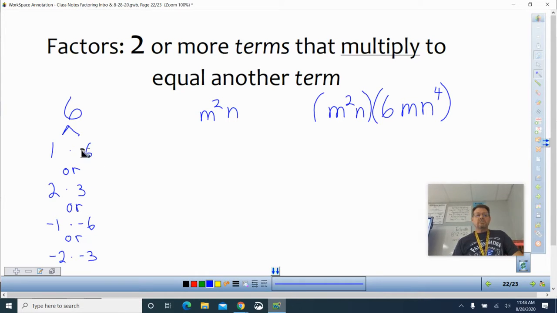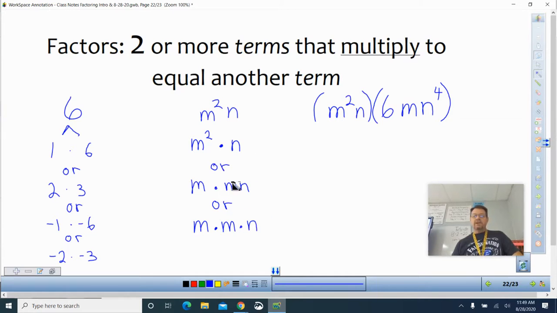And so you need to go beyond just the straight positives and be able to look at things in different ways. So let's see how we could do this. We could say this is m squared times n, or m times mn, or we could say this is m times n.